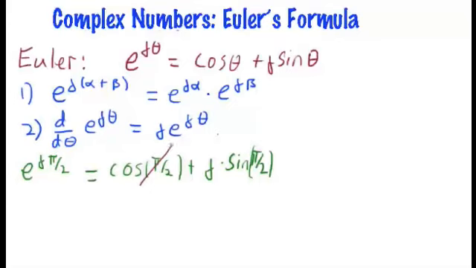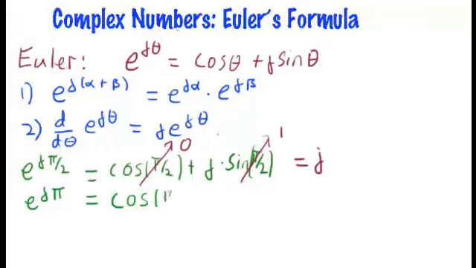Cosine of pi over 2 is 0, sine of pi over 2 is 1, so this simply equals j. Next, e to the j pi equals cosine of pi plus j sine of pi. Cosine of pi is minus 1, sine of pi is 0, so we just get minus 1.